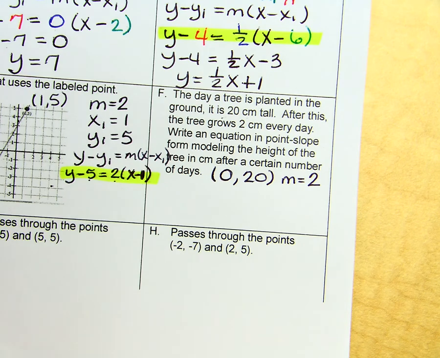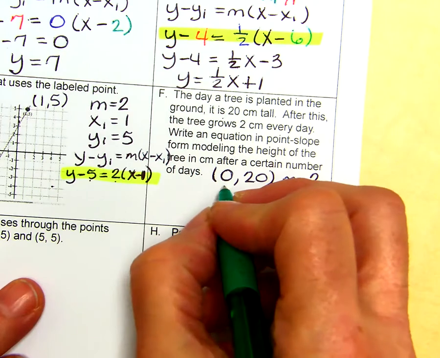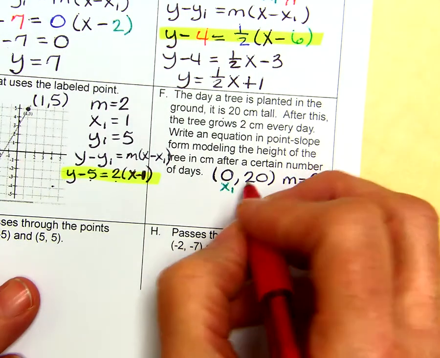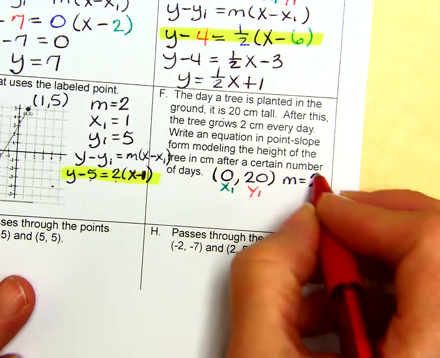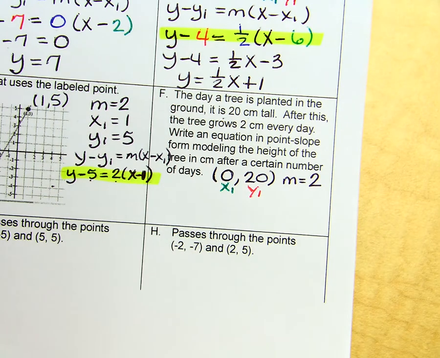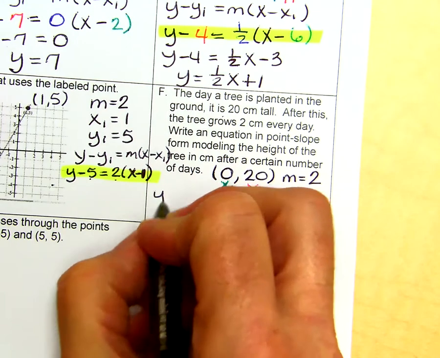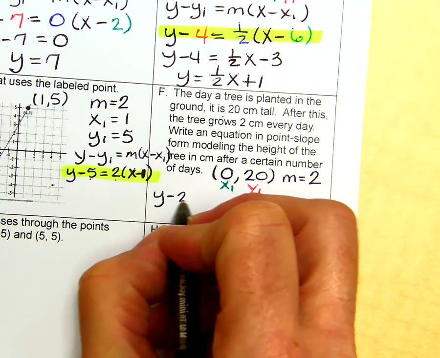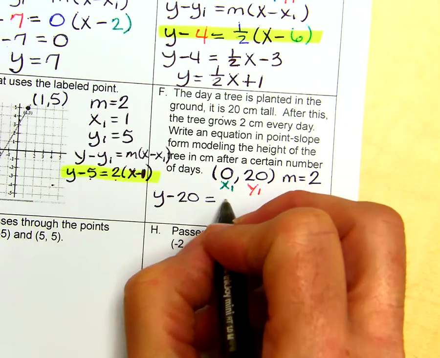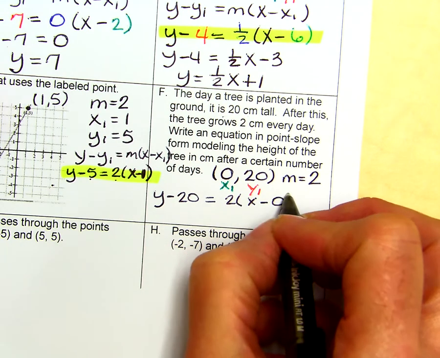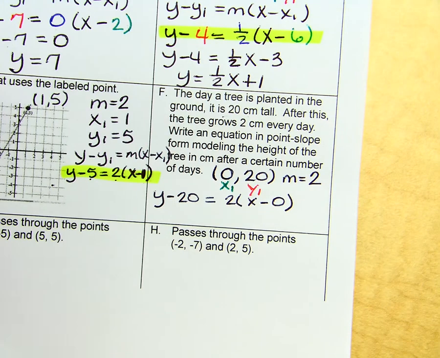So now we have an x sub 1 here with the 0, and we have a y sub 1 with the 20, and then our slope is 2. So we will write this in point slope form. So we are going to have y minus y sub 1, which is 20, equals 2 times x minus x sub 1, which is 0.